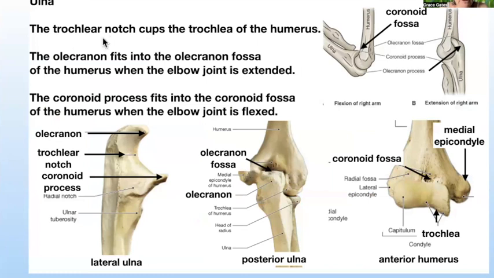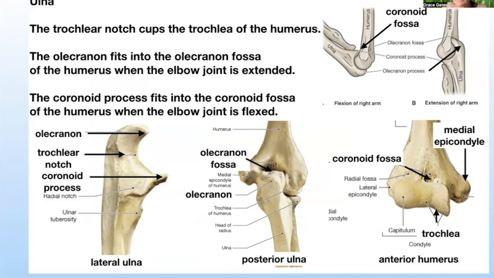All right, the trochlear notch cups the trochlea of the humerus. The olecranon fits into the olecranon fossa of the humerus when the elbow joint is extended. The coronoid process fits into the coronoid fossa of the humerus when the elbow joint is flexed.